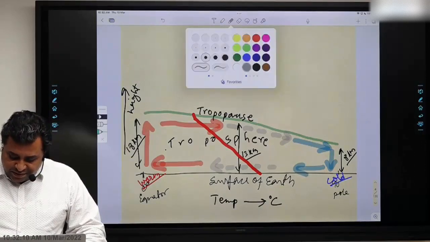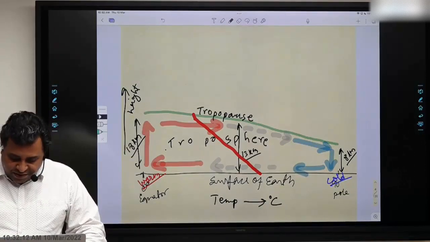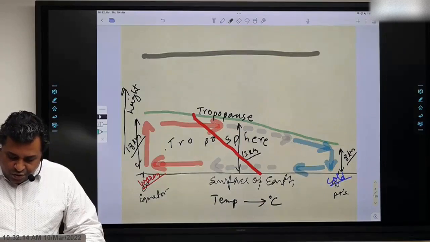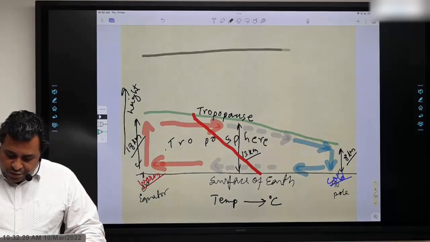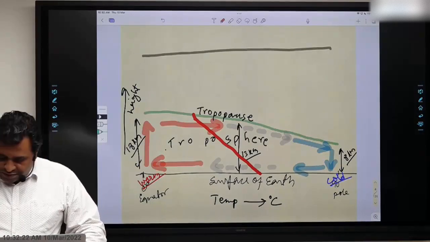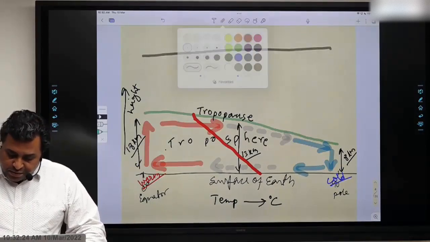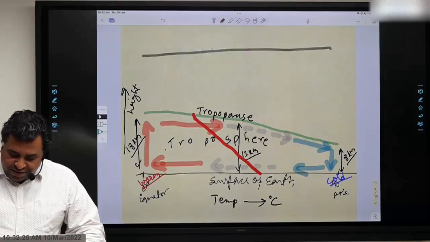So now as you go higher, which other region do you find? Please see. When you go above this, then you come into the second region, known as, very good, stratosphere.